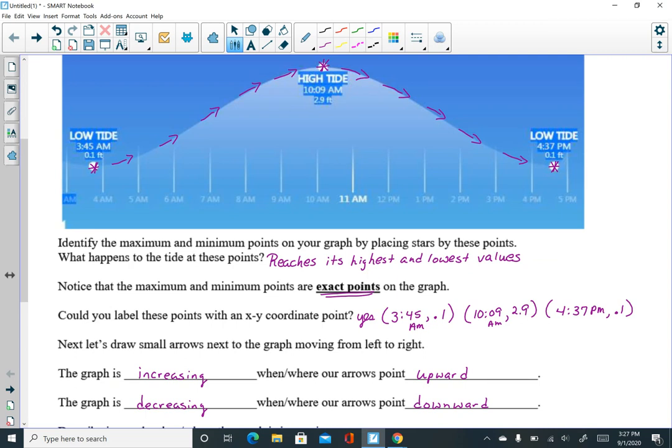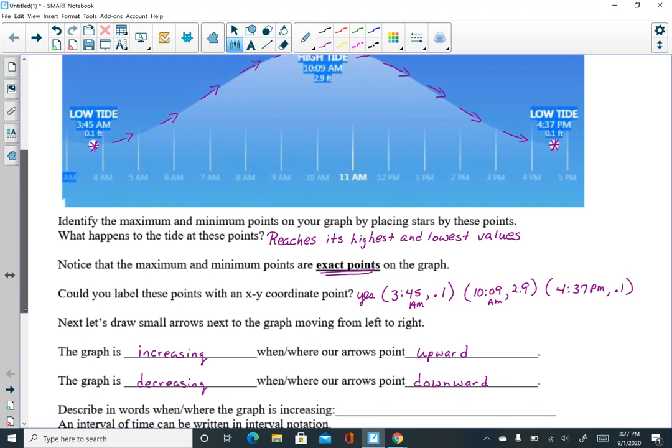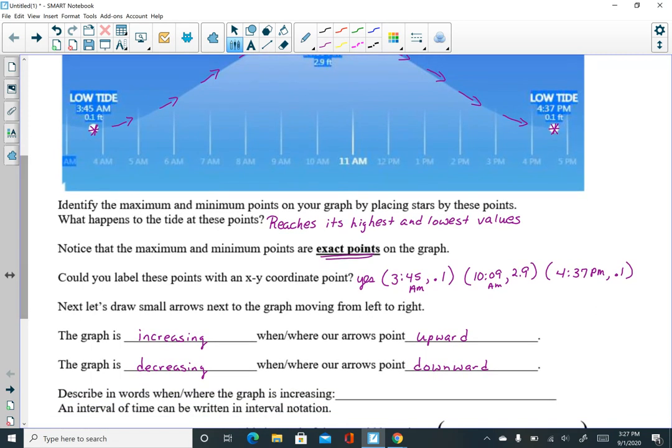So just below that, we're going to actually put these intervals as an ordered pair. We'll talk about in our 171 class all intervals for increasing, decreasing, and we'll also talk about constant are always written with parentheses. You'll never have a bracket when you are identifying intervals for increasing and decreasing and constant, okay? You can have brackets when you talk about domain and range, but not with increasing, decreasing, and constant.